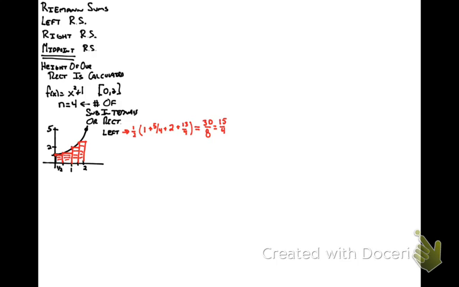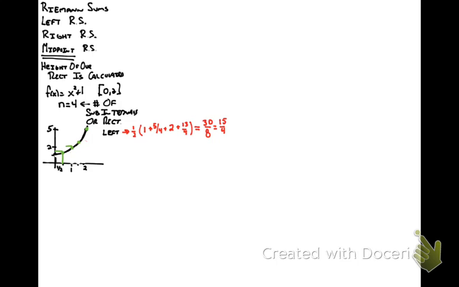Now, we could do the same thing, but this time we're going to do a right Riemann sum. And this means that it'll be at the right-hand side where each of our rectangles is touching the curve. So this means our first rectangle, the height is found at 1/2.